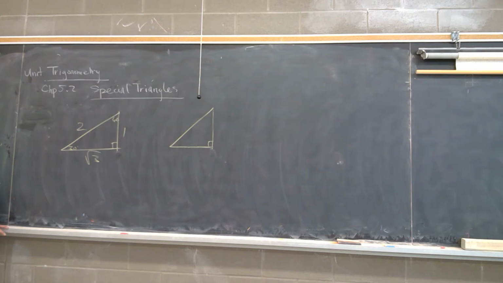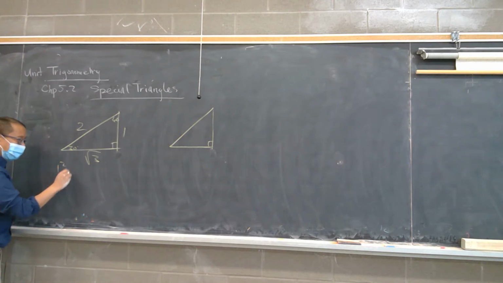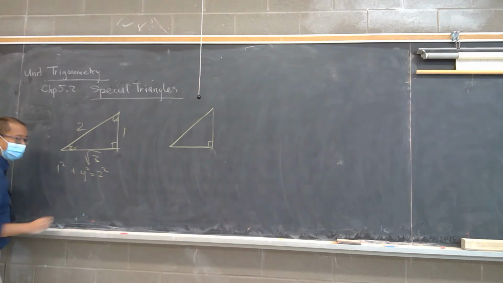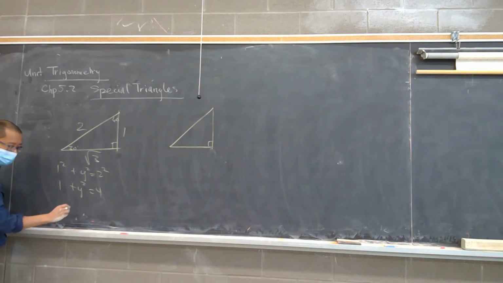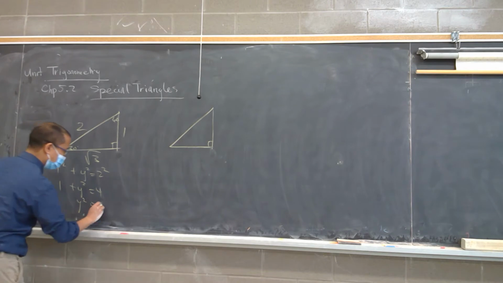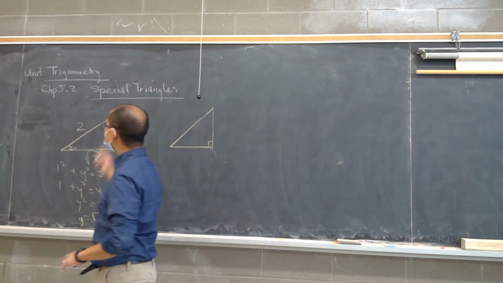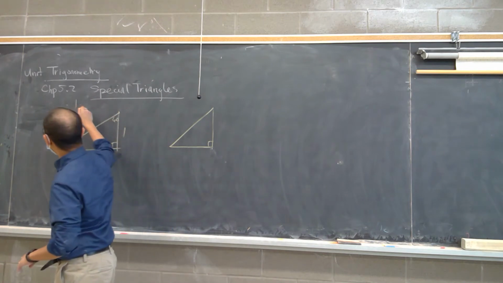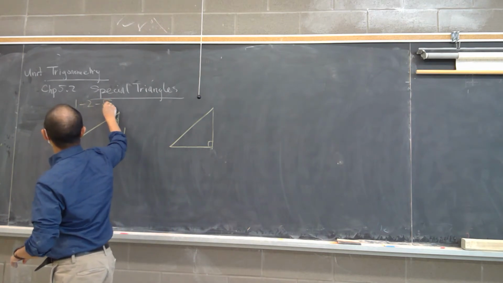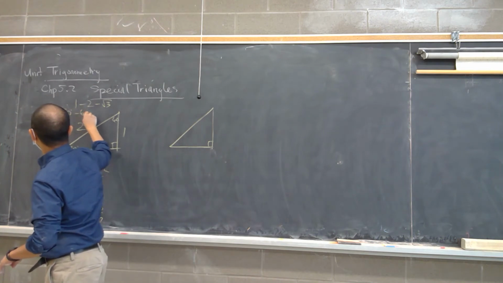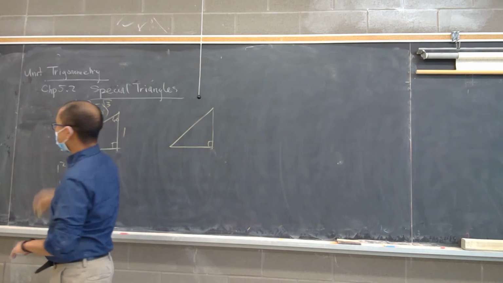Using Pythagoras, 1 squared plus y squared is equal to 2 squared. 1 squared is 1, so y squared is equal to 4 minus 1, which gives y squared equal to 3, and therefore y is equal to root 3. A lot of students memorize this as 1, 2, root 3, and it is associated with the 30, 60, 90 triangle.